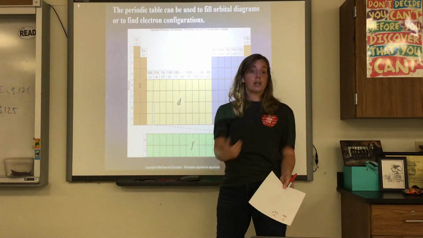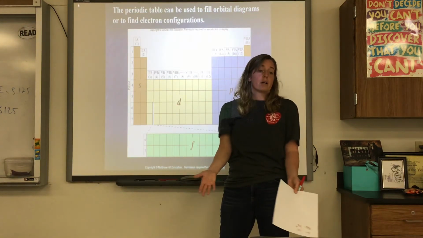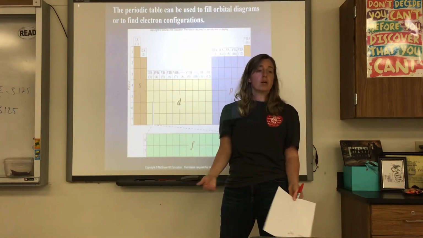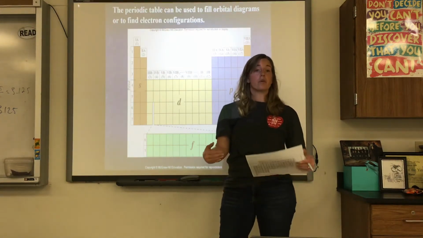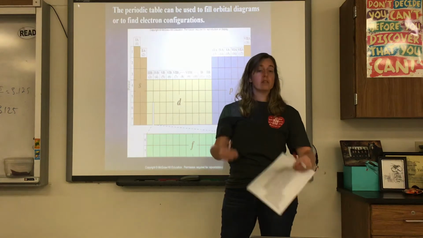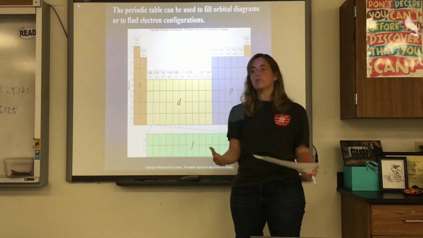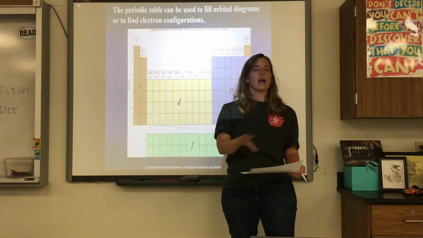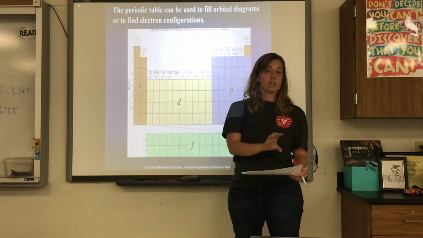Well, it's kind of like you as a person. If you're doing a family tree, do you just write you? No, you're going to include your parents, your siblings, your grandparents, your great-grandparents, and so on and so on. So it's like doing a family tree. You're going to be including everything that came before that particular element.